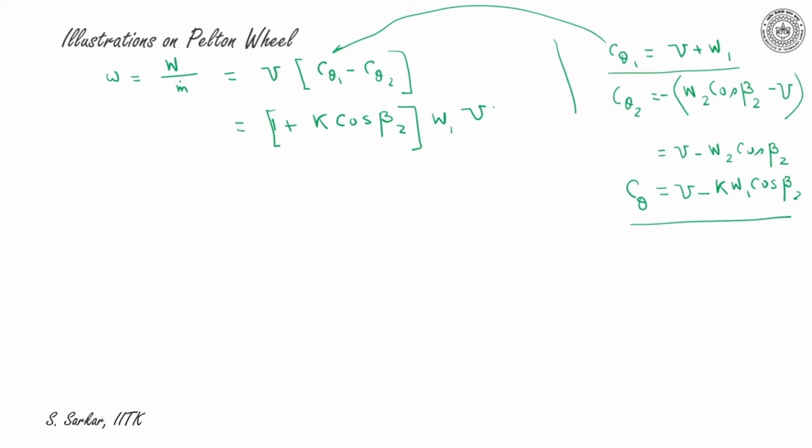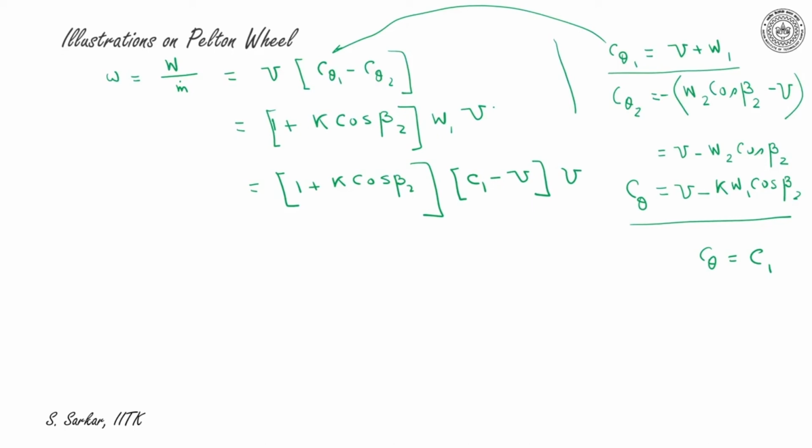So this should be equal to (C1 − U) into U, because Cθ1 is equal to C1. Now I know the value of K, and I know the value of β2.